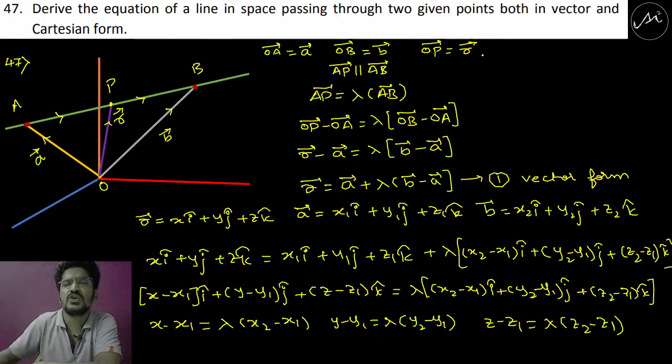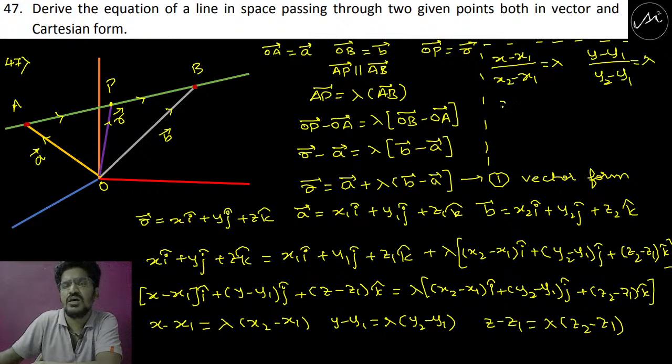Okay, so now from this you just see, I will write here x minus x1 divided by x2 minus x1 equal to lambda, y minus y1 divided by y2 minus y1 equal to lambda, and z minus z1 divided by z2 minus z1 equal to lambda.